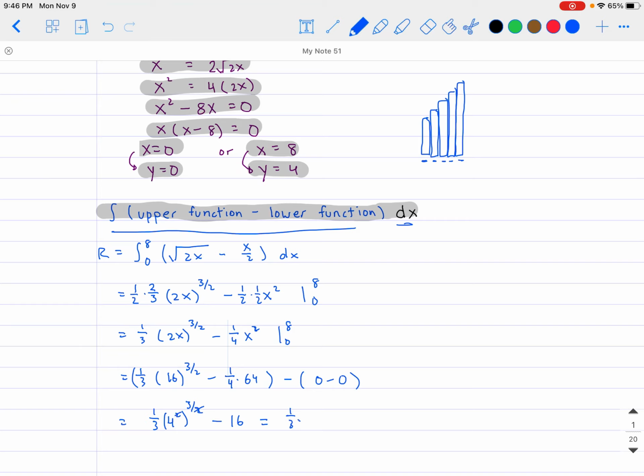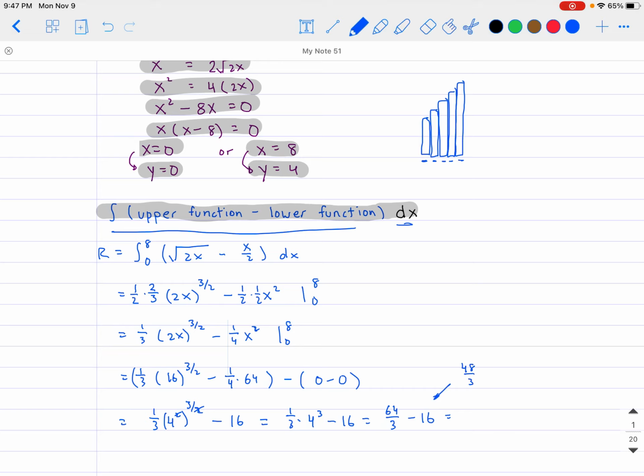That's 1/3 multiplied by 4 to the 3rd minus 16. 4 to the 3rd is equal to 64. So 64 divided by 3 minus 16. And for the sake of getting it into a simplified fraction, we're going to change that 16 into 48 over 3.